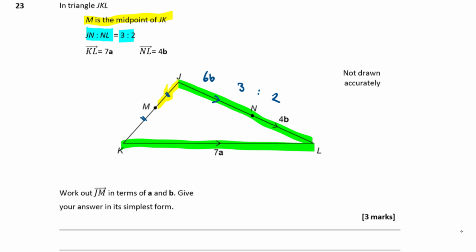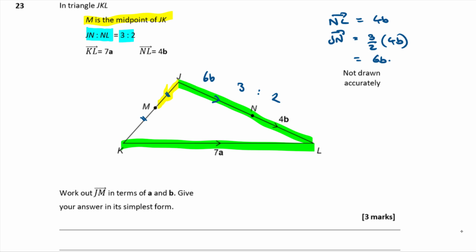I'm just going to write that down: if N to L is 4B, and J to N is 3 halves of 4B, then J to N is 6B.